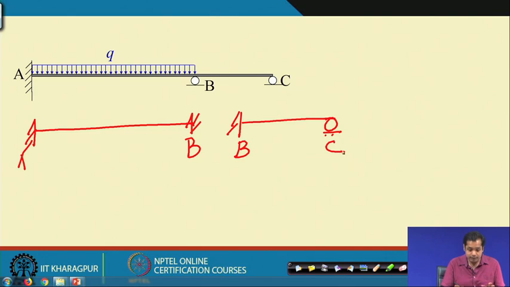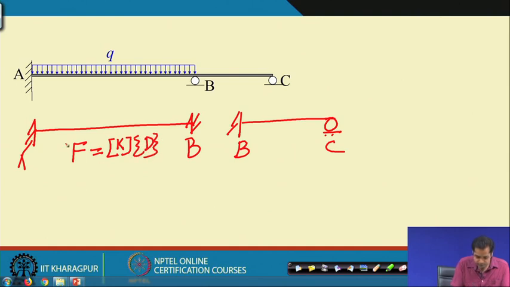Then we have to write the force displacement equation for this. So, we write that force is equal to stiffness into displacement. For this, I will give you an example, taking a very simple structure. Force is equal to stiffness into displacement for these as well.